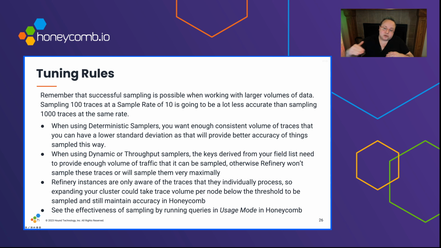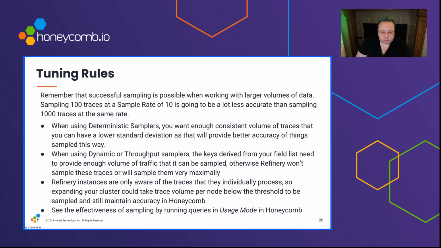So look at your traces per second, and figure out sampling rules that are going to end up still being fairly accurate, so that the decisions you make are based on good data.